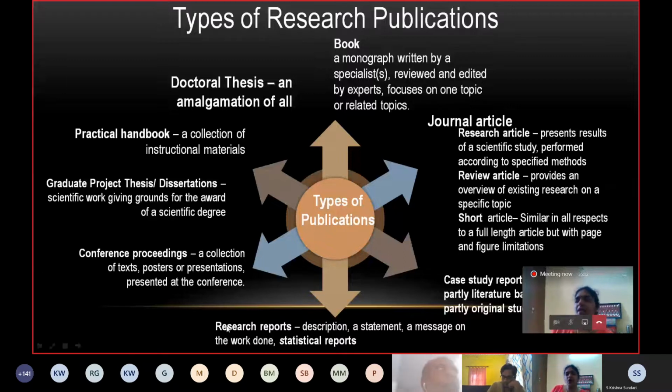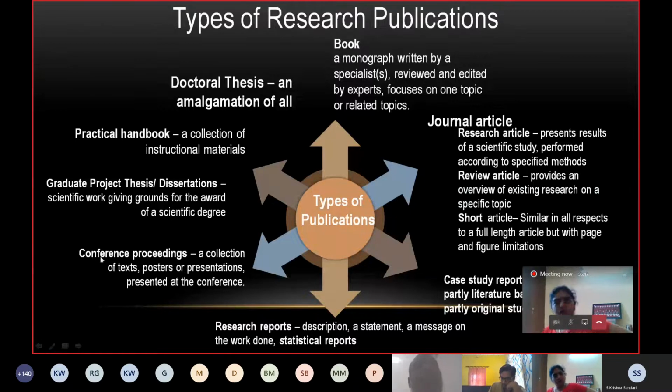Then you have other types of publications called research reports. Now what are these research reports? A research report can be a very short report where you are communicating a very important or significant finding, where you are not divulging the complete information, but providing some partial information which is important for the reader to connect with the importance of your work.